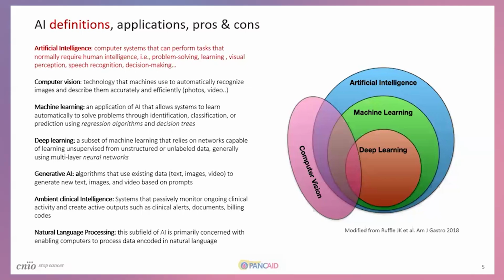So machine learning and deep learning mimic even more the way we humans think. The difference is that machine learning applies AI technology, AI systems, to learn automatically and solve problems through identification, classification, or prediction using regression algorithms or decision trees.